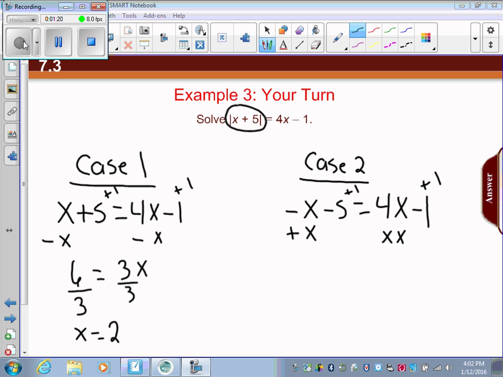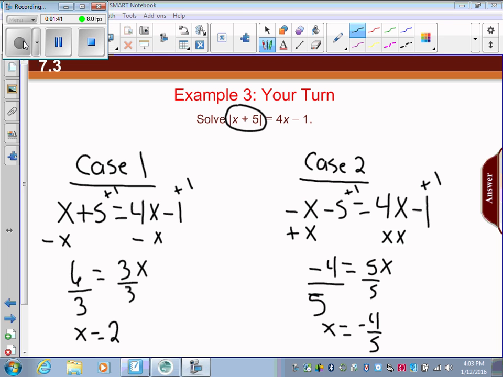So you're left with negative 4 equals 5x. And then you divide by 5. And you get x is equal to negative 4/5.